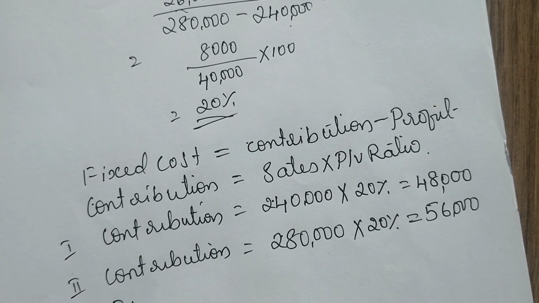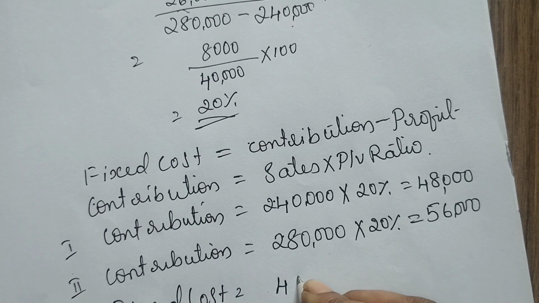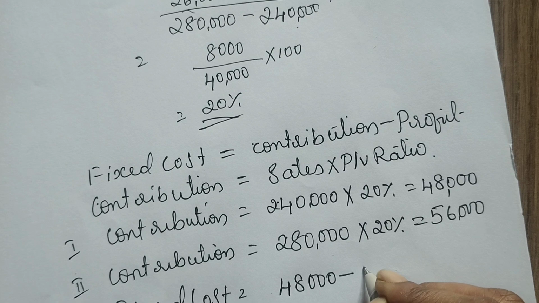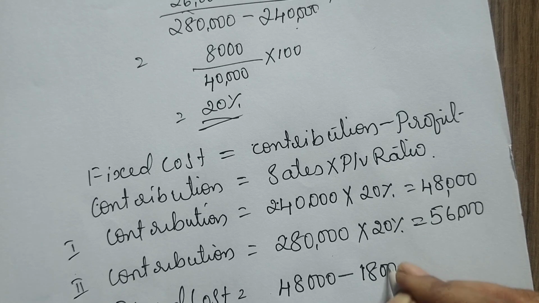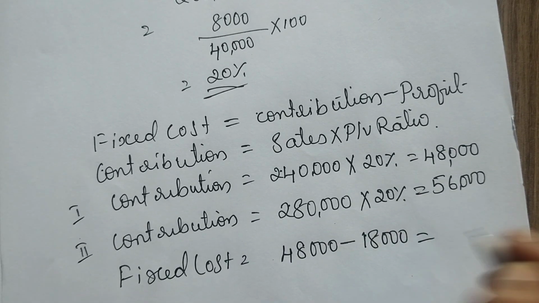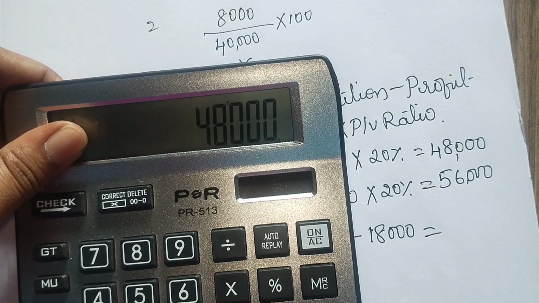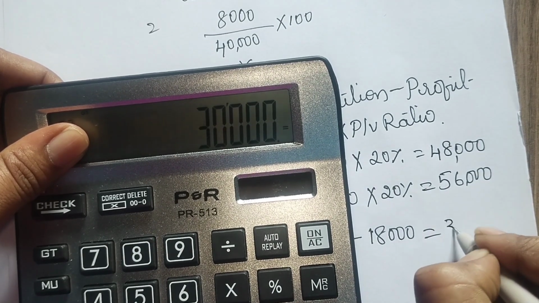Now fixed cost is equal to contribution, which we know: first year contribution is 48,000, minus first year profit, which is 18,000. Fixed cost is 48,000 minus 18,000, which is 30,000.